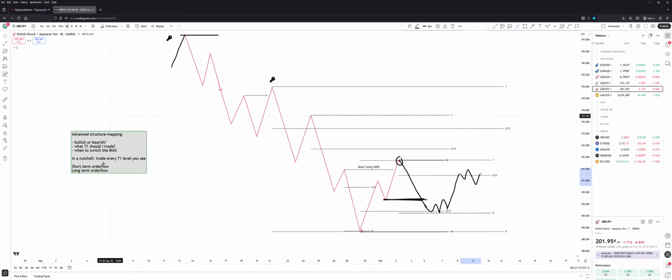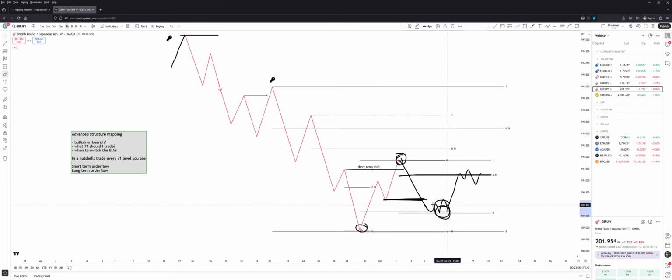And here comes this sentence again: trade every single 71 level that you see. Obviously, every single 71 level that is valid, because this high point broke the low point. Meaning if this high broke a low point, there can be a 71 level that initiated the break. But at the same time, this low point created a flow that broke the high point, which means there is a 71 level that can be traded.